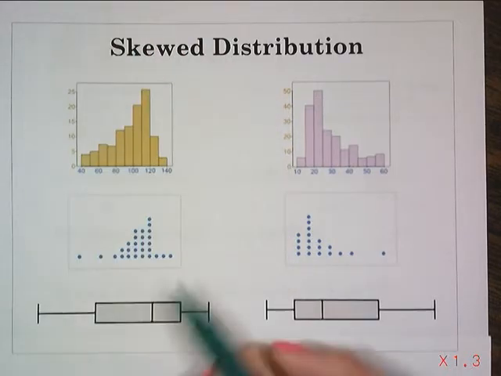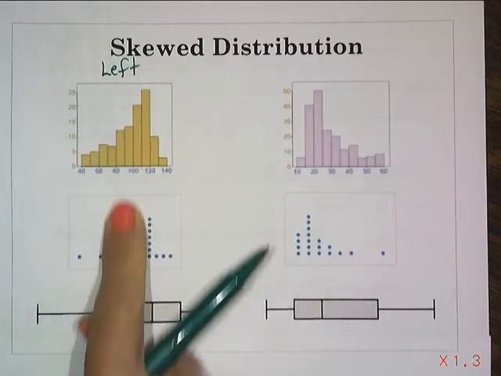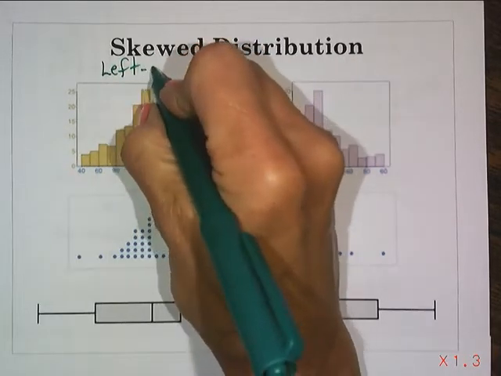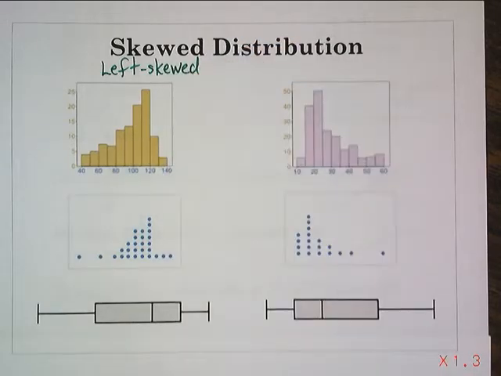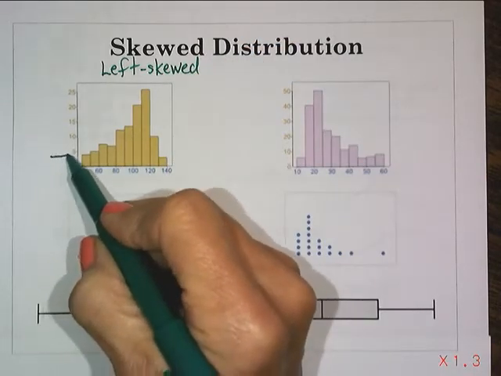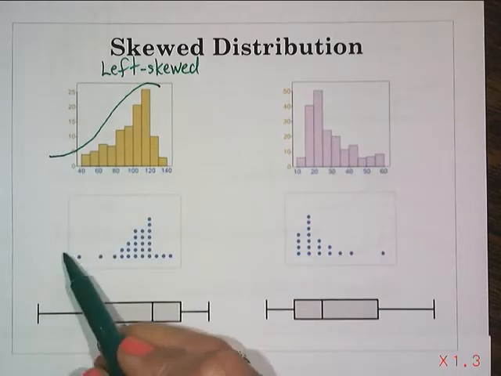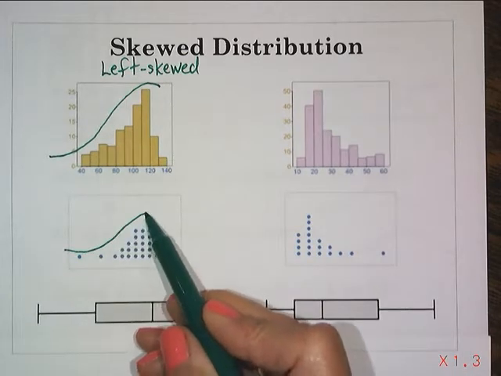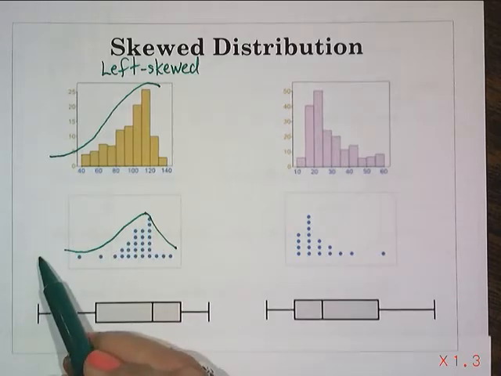On this side, I tried to keep it logical. These would be considered left skewed, or skewed left. The data is skewed left. Why? Because the tail of the data is on the left side. This one on the left side kind of drops off very quickly, but it trails off. I like that word, trails off.